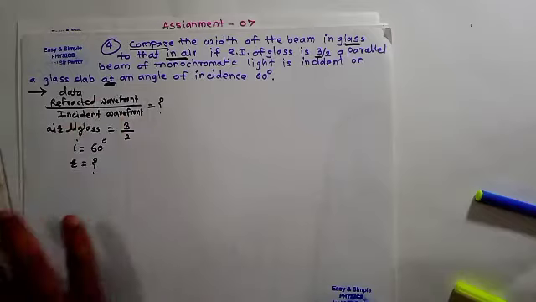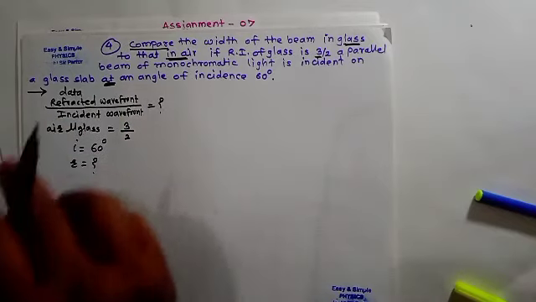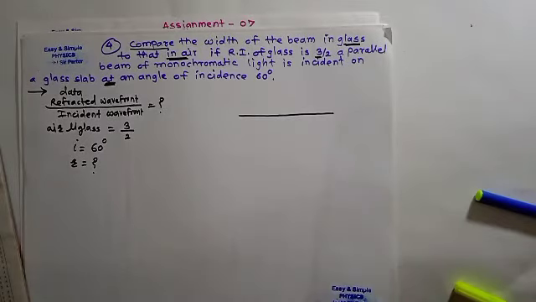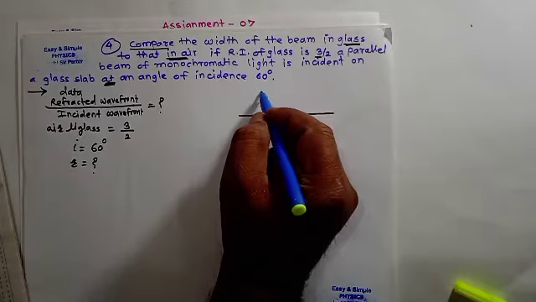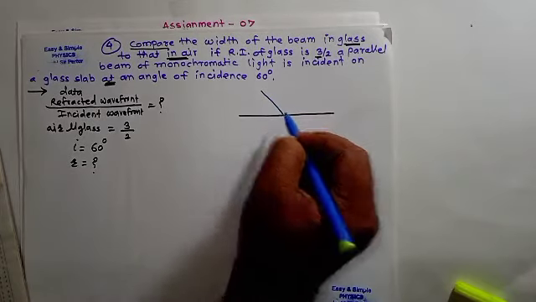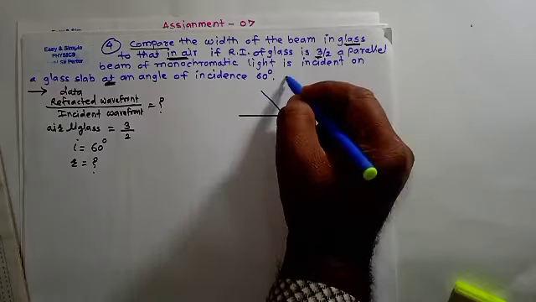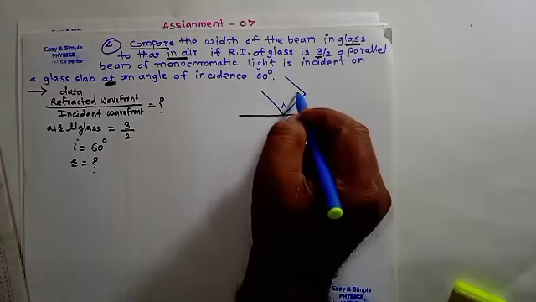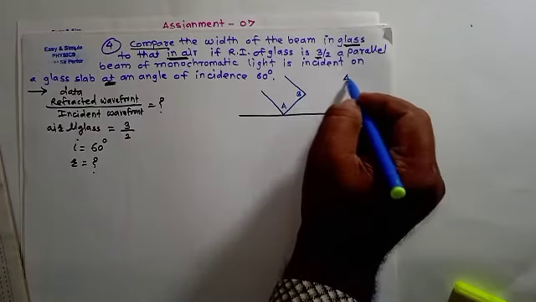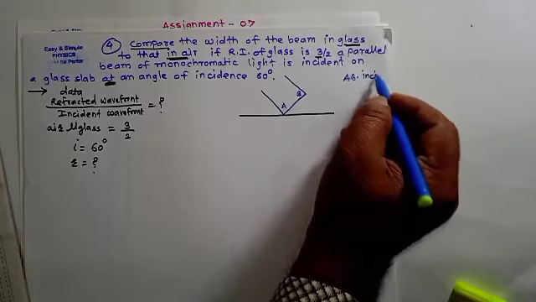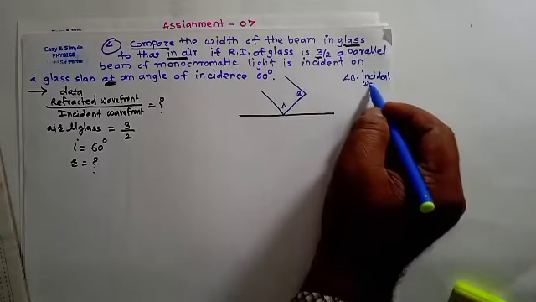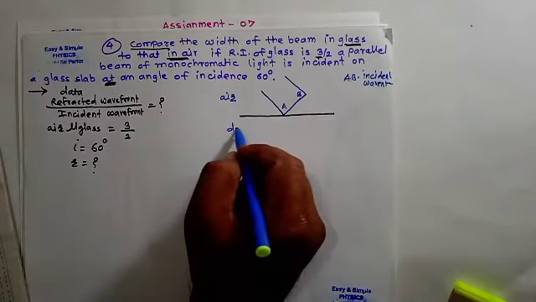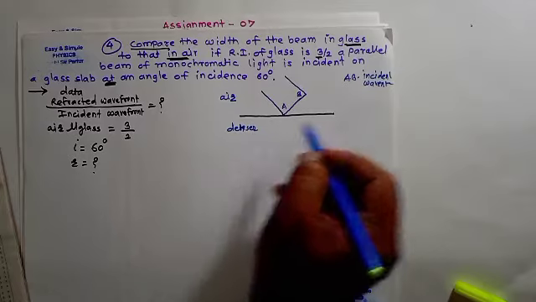But here, what is the refracted wavefront and what is the incident wavefront? See here, this is a plane glass surface. Here AB, this is A and B, AB represents the incident wavefront, because the air medium is there and below the air medium a denser medium is there.